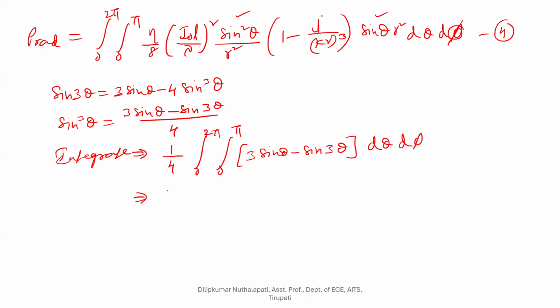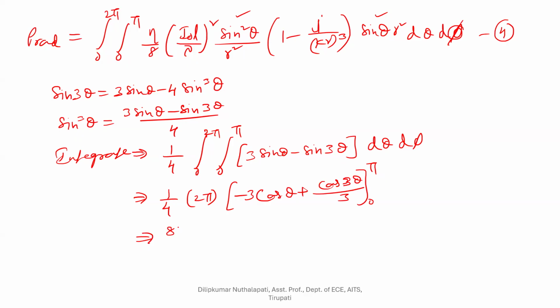After integration, there are no dependent terms for φ, so you can directly integrate 1 dφ as φ. Substituting the limits 2π minus 0, you get 2π. And for the θ component, minus 3 cos θ plus cos 3θ by 3 for the integration, with limits 0 to π. Substituting the limits, we get the final value for this as 8π by 3.